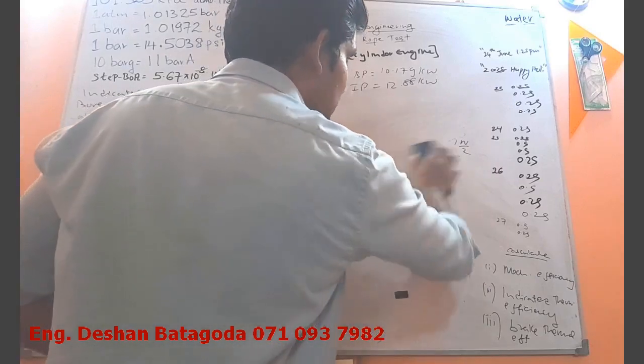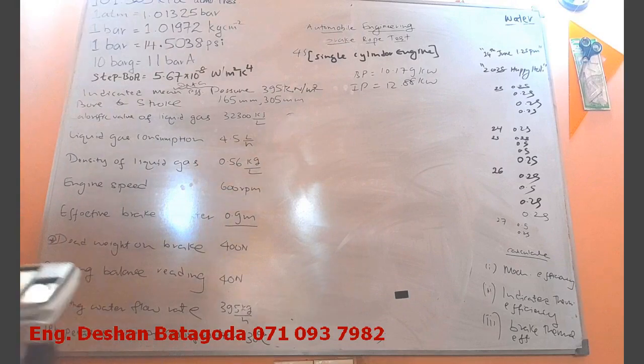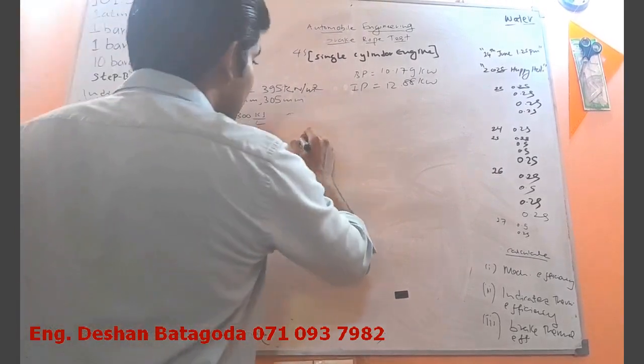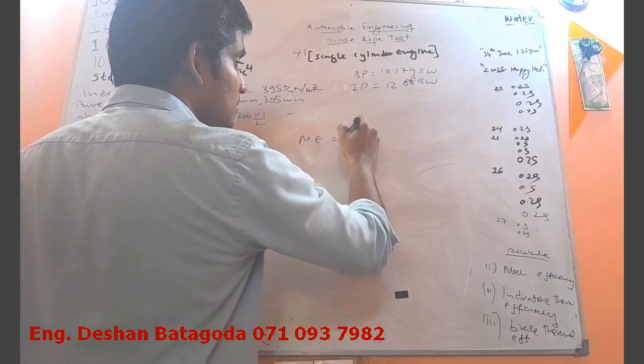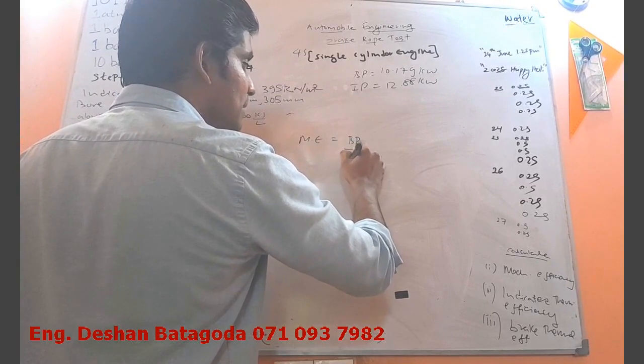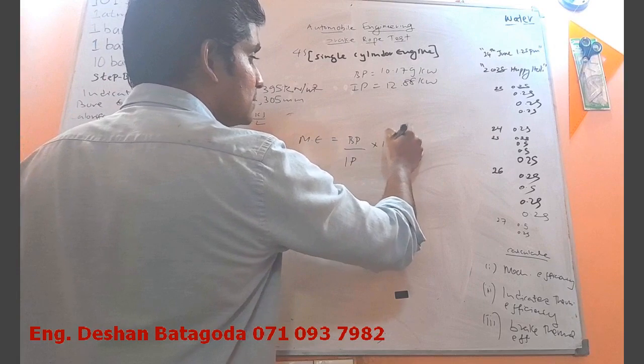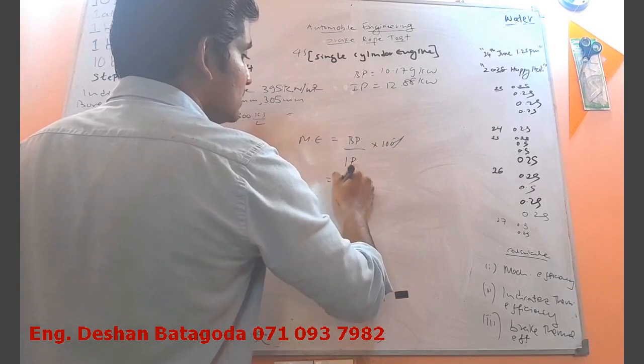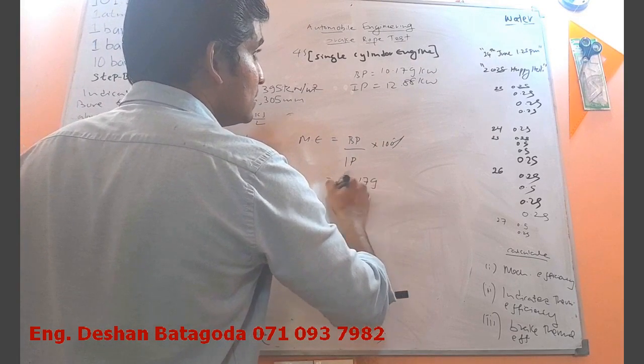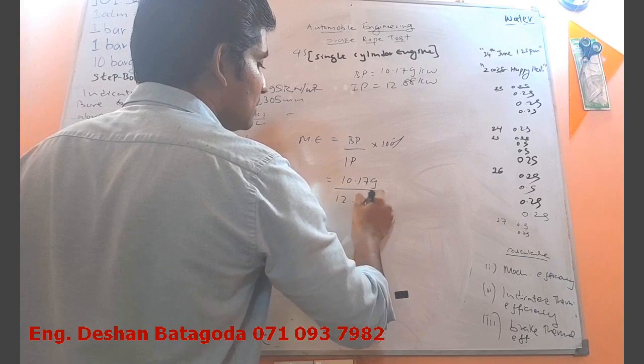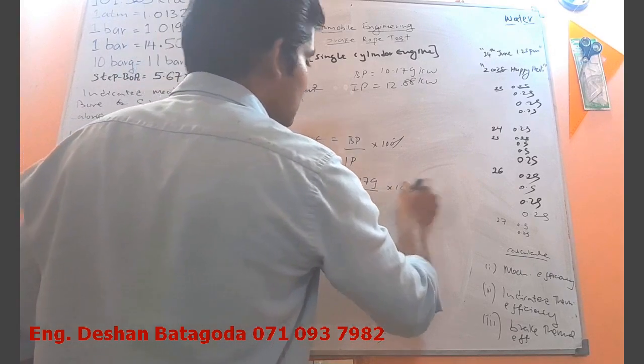Very easy, it's not hard. So what is mechanical efficiency? Mechanical efficiency is brake power divided by indicated power multiplied by 100%. That is 10.179 divided by 12.88 into 100%.